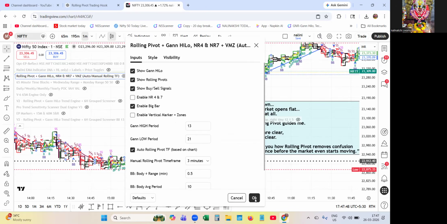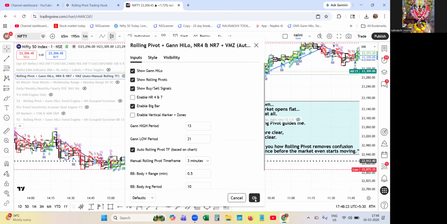And this rolling pivot is dynamic. It changes its color when the trend changes. When the price moves above the pivot, it becomes green. Everything becomes green. It transitions from neutral to red to green, or red to neutral to green, or green to neutral to red, step by step with color.